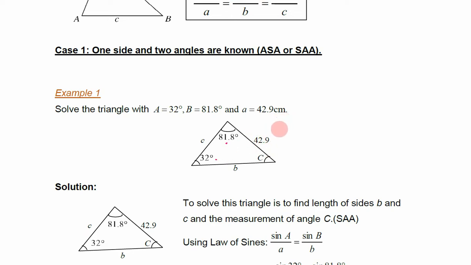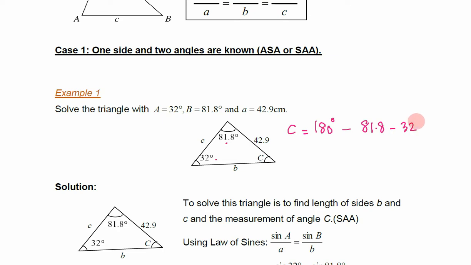So we have case 1. Usually, if we have two angles, you can directly get the next angle, because the total angle for a triangle is 180 degrees. So to get C, just subtract the other two angles.